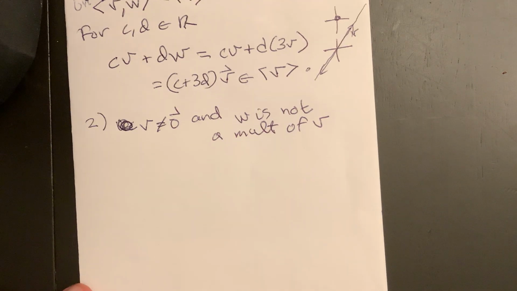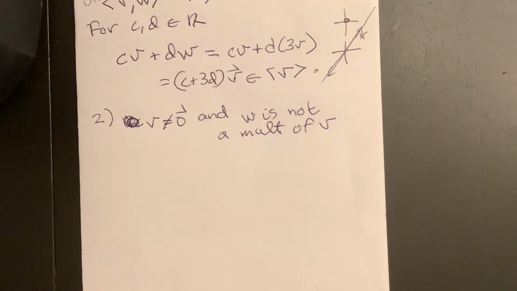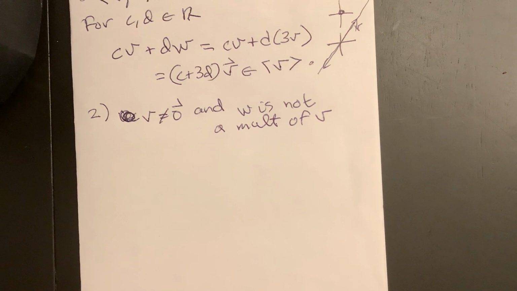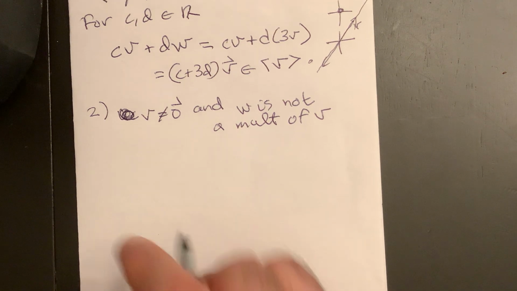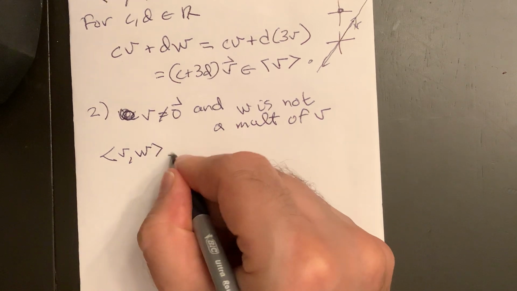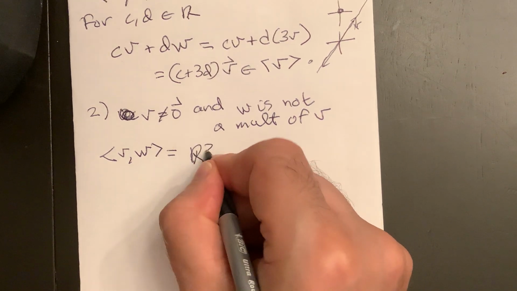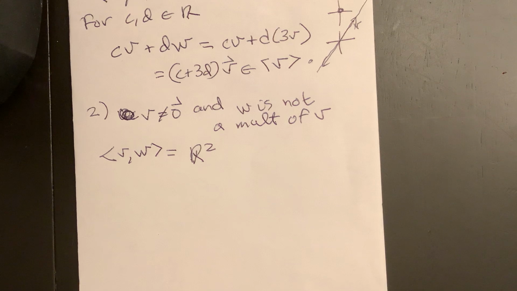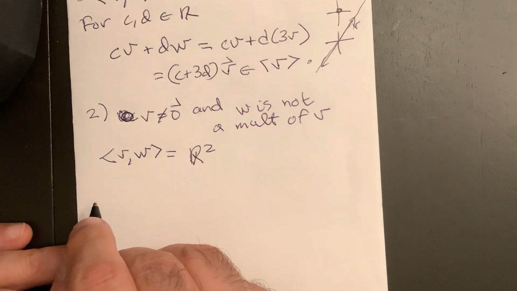Well, then I don't get a line, I get the whole plane, okay? So then the span of v and w is equal to all of R2. They span every possible vector in R2. So I could do a proof of that, or I'll just do a little example for now.